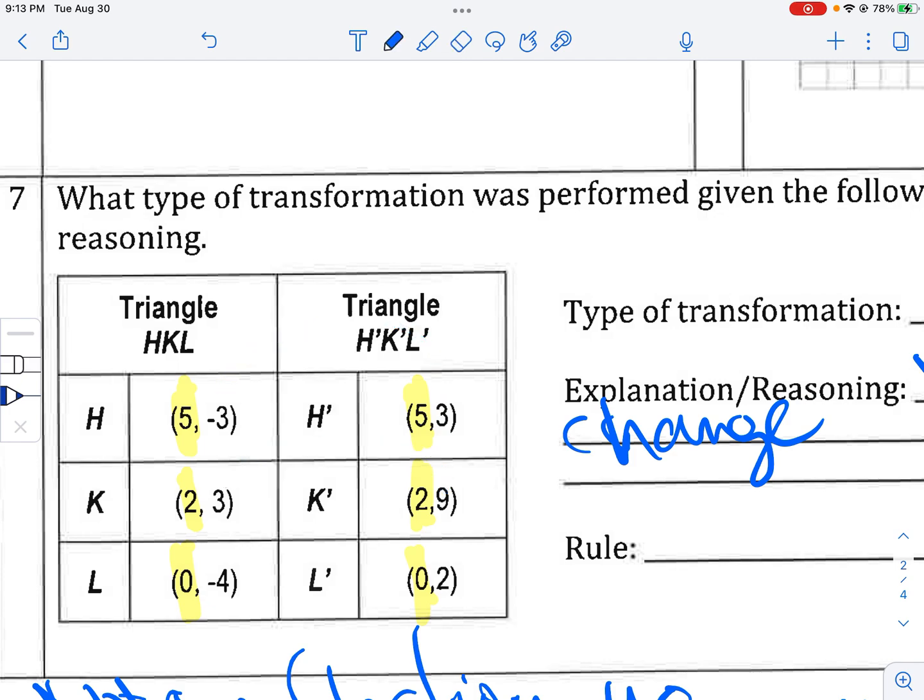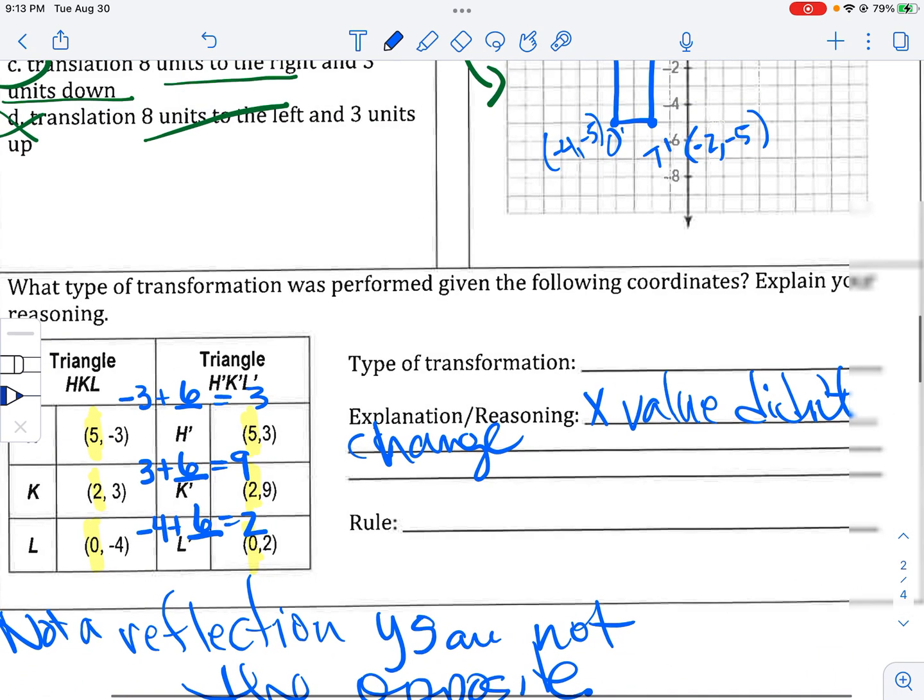Okay, -3 plus what is going to equal 3? That would be 6. So 3 plus what equals 9? 6. -4 plus what is going to equal 2? 6. So this is a translation.